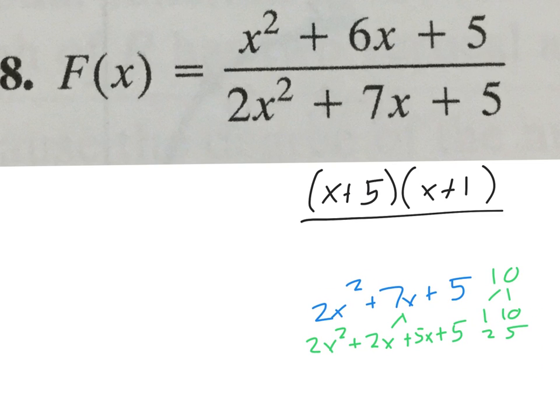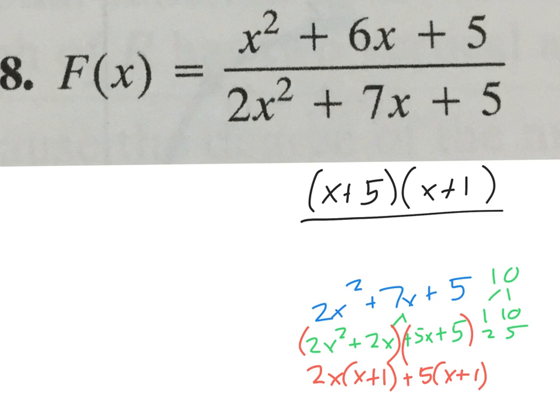Okay, good. Now, I'm going to group the first two terms and the last two terms. What's the GCF of the first two terms? 2x. What's left in parentheses? X plus 1. What's the GCF of the last two terms? 5. What's left in parentheses? X plus 1. That means the grouping worked because the parentheses match.